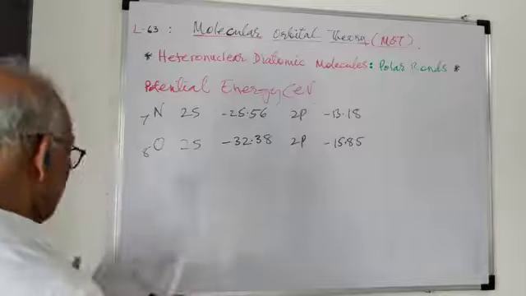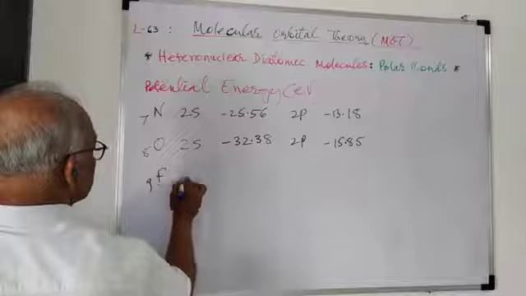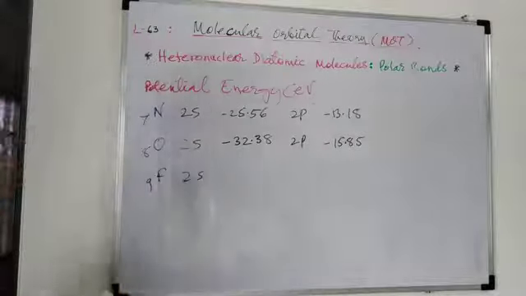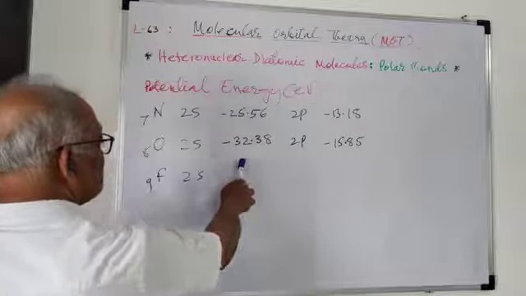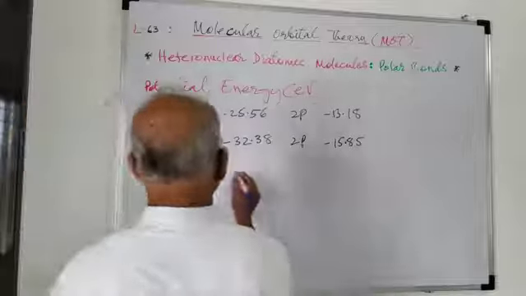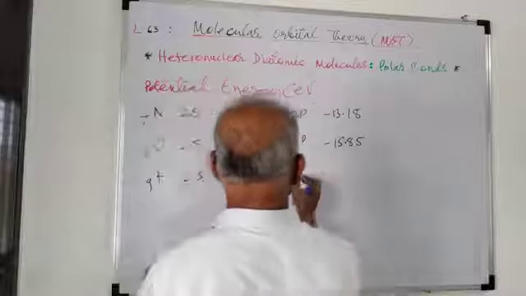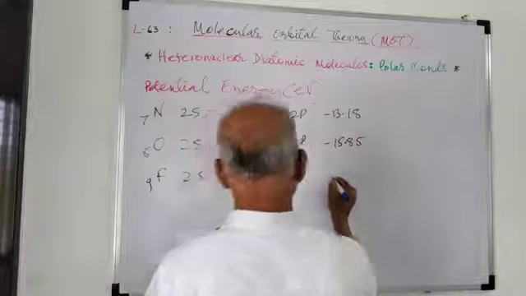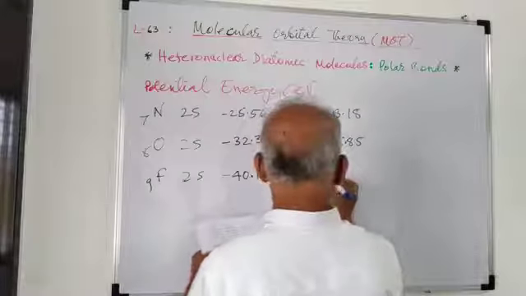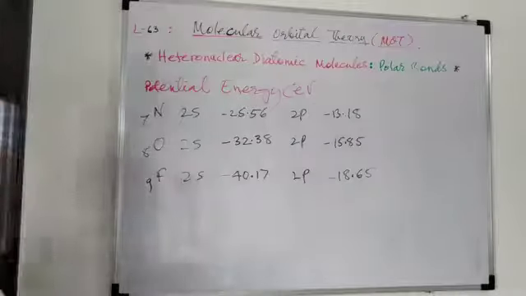So in this way, if we go to 9, that is fluorine, the 2s remains the same, but since there is increasing nuclear charge, the potential energy value for 2s electrons also increases, and it becomes minus 40.17 electron volts. For 2p electrons, the value again increases from 15.85 to 18.65 electron volts.